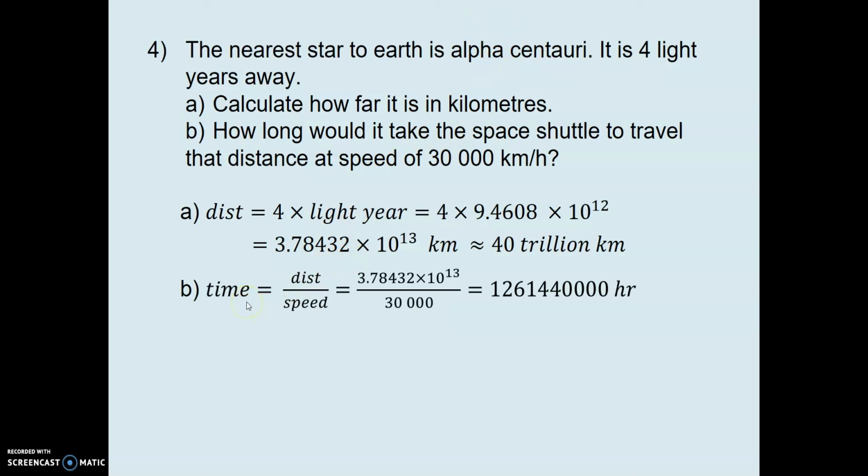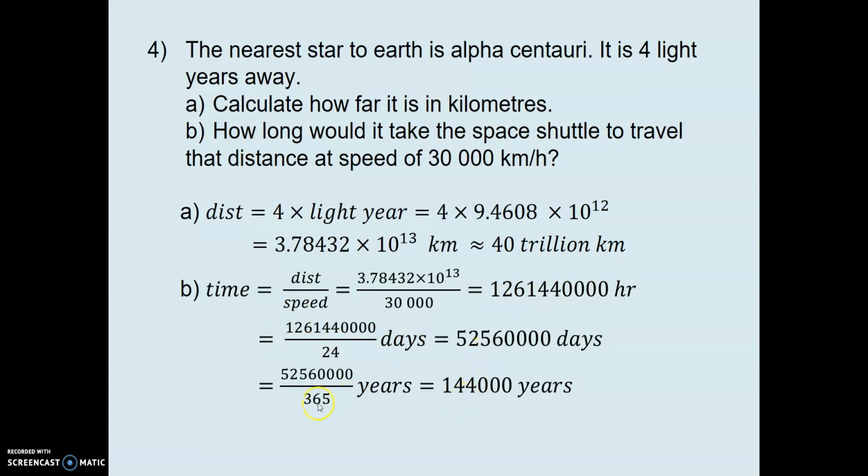and if we work out how long it would take to get there, well, time is distance divided by speed, so we take that distance we've just calculated divided by the speed of the space shuttle, and if we divide that number of hours by 24 hours in a day, we end up with so many days.